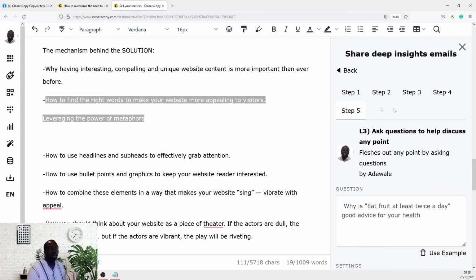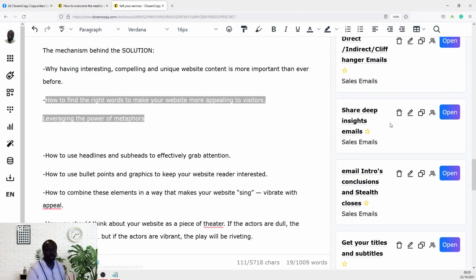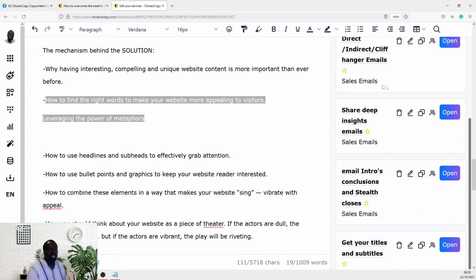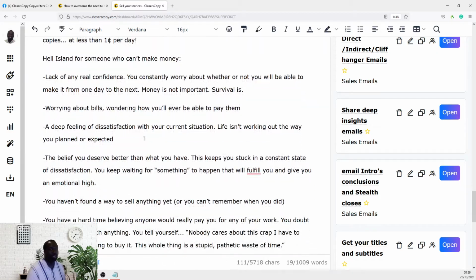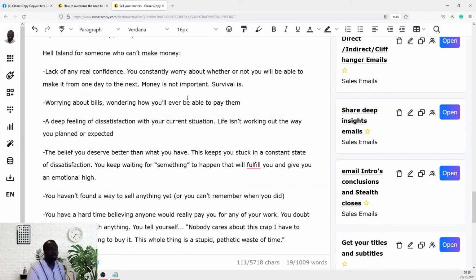So with all of this now, you've got all the emails you need. So for example, we've got the shared deep insight, and the direct, indirect, and cliffhanger emails. This gives you all the email formats you can use, and all you have to do is copy all these pain points, all these objections, all these unique mechanisms, one after the other.